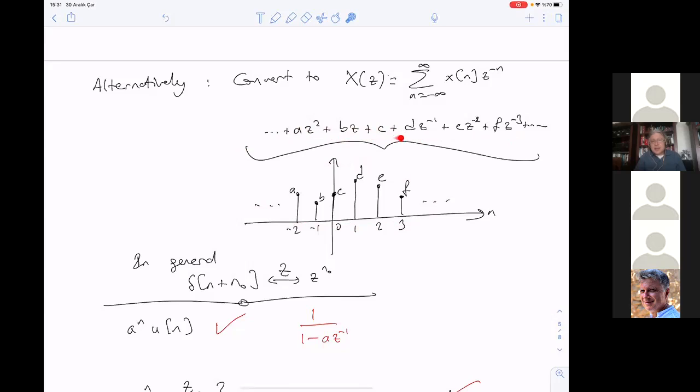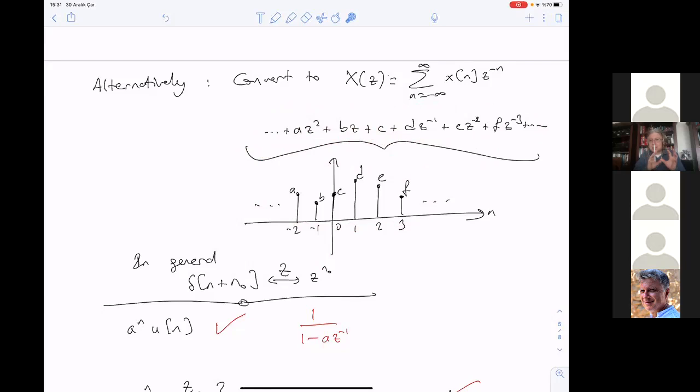And it happens that as long as it's a convergent series, which means you are within the region of convergence, you can always write any Z function in a Z polynomial form. And the question you have to ask yourselves is, have you ever heard of Taylor series expansion?